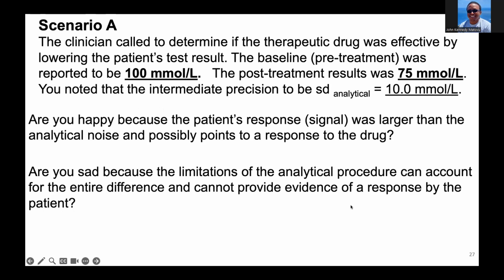Michael says it has reduced because pre-treatment it was 100 millimoles per liter, but post-treatment it is 75. Who disagrees? Raise your hand and tell us why you may disagree with Michael's summation. Who disagrees? Sanderson, go ahead.